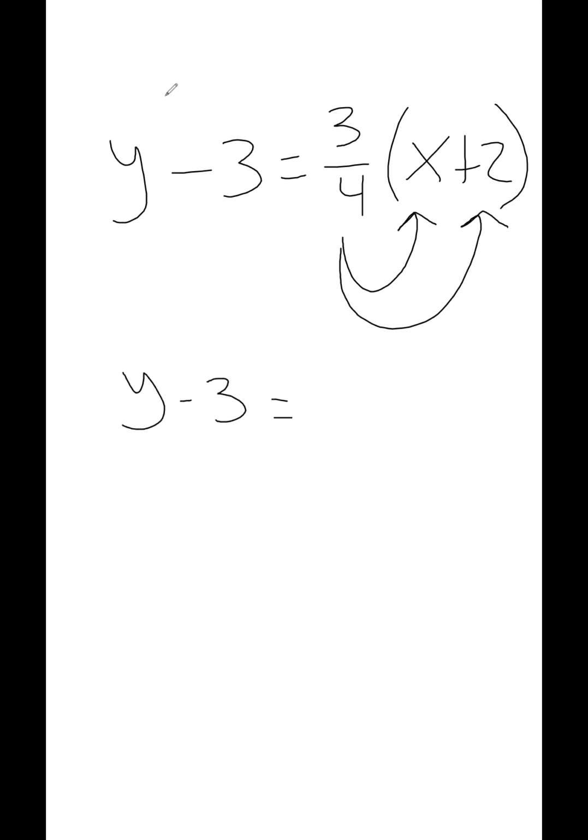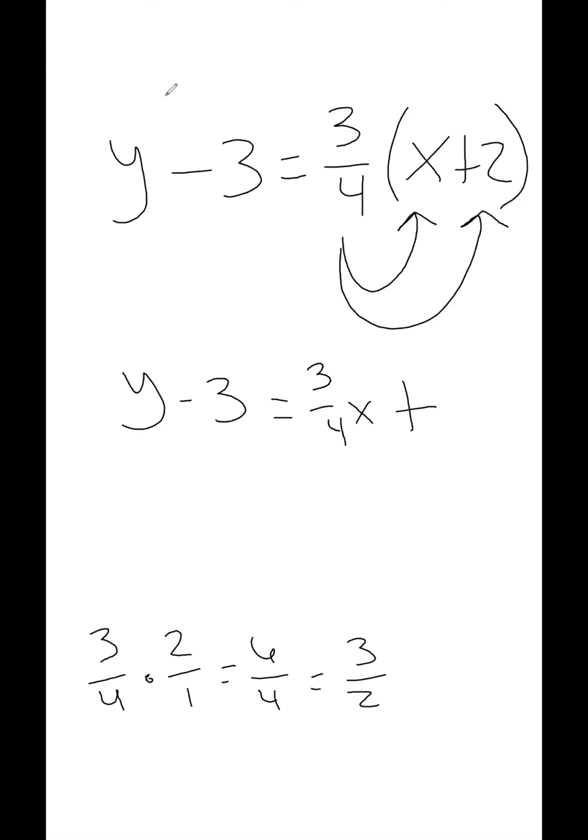Y minus 3 equals 3/4 times x is 3/4 x, and 3/4 times 2 is positive 3/2. Don't get all scared because you're seeing fractions, okay? All I did was multiply 3/4 times x is 3/4 x. 3/4 times 2, which I did down here, is 3/2 because 6/4 reduces.